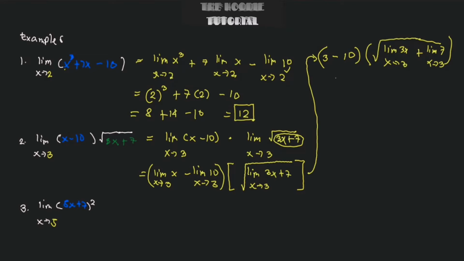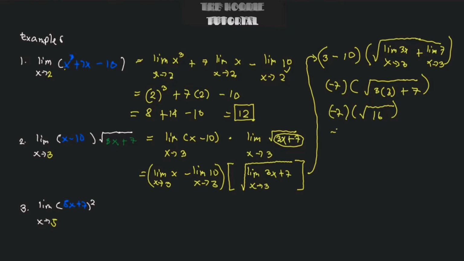So 3 minus 10 is just negative 7 multiplied by the square root of evaluating the limit of 3x as x approaches 3, that would be 3, substituting the value 3 since we have 3x, and then plus, since we have a constant 7 right here, the limit of a constant is just the constant, we just put 7 right here. Evaluating, we are going to have negative 7 multiplied by the square root of 3 times 3 is 9 plus 7, that is 16.